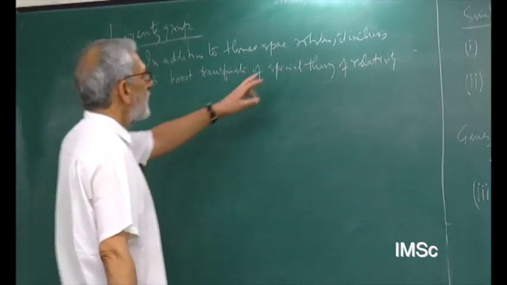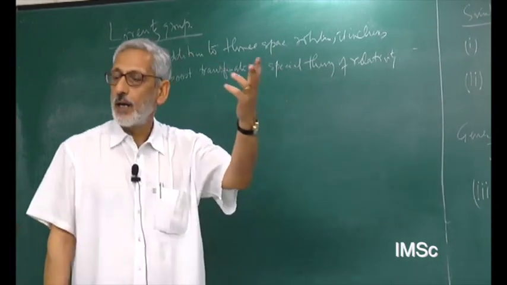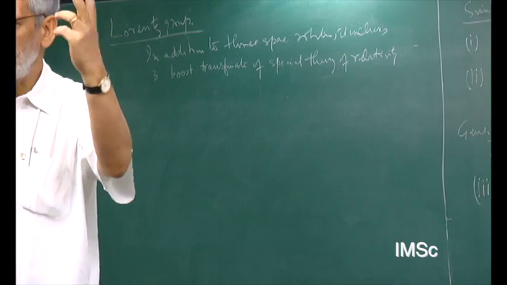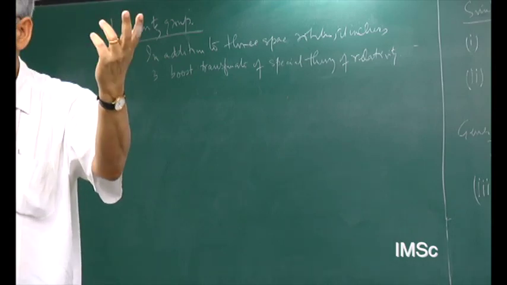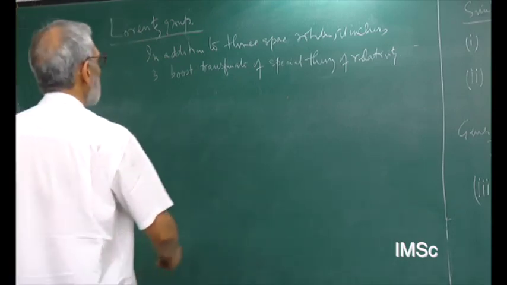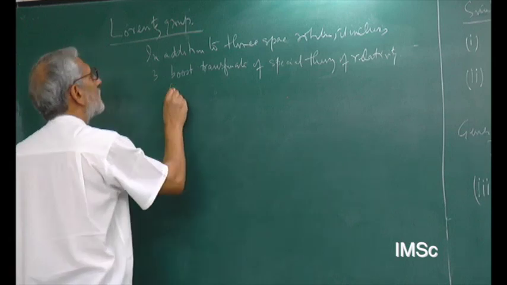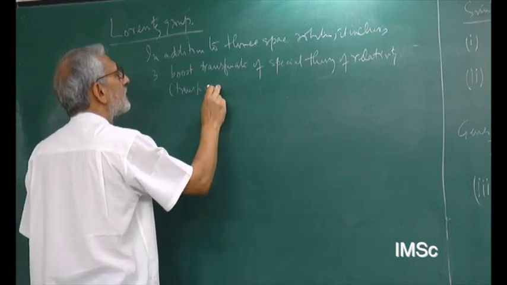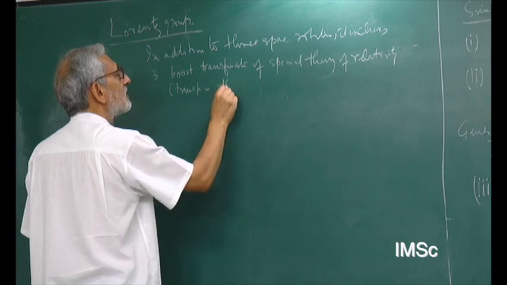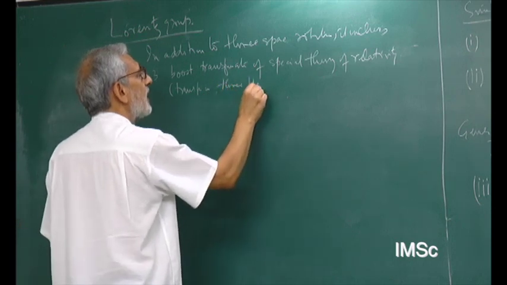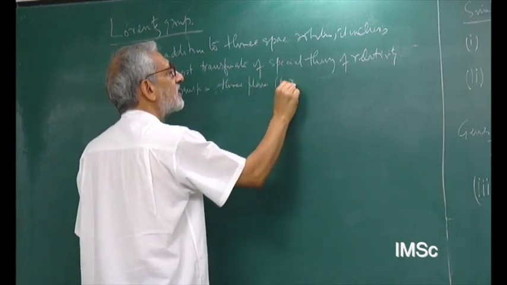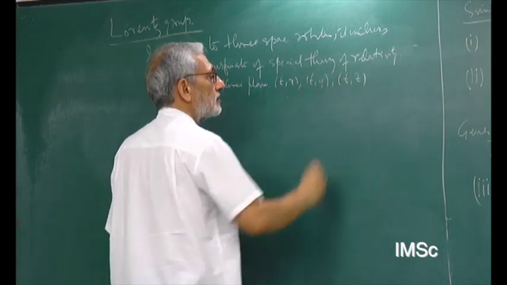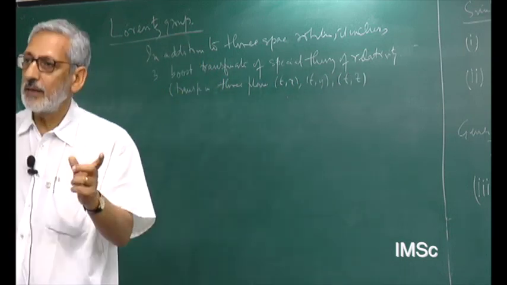Whereas these 3 space rotations we know are the ordinary rotations in the 3 space planes, xy, yz, and zx, the 3 boosts are transformations in 3 planes, tx, ty, and tz. One time direction and one space direction.